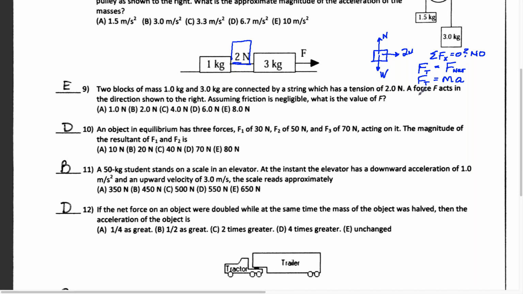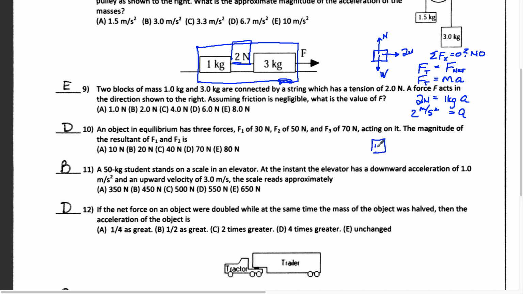I can calculate what the acceleration is. If this is 2 newtons and that's 1 kilogram, we can see that the acceleration is equal to 2 meters per second per second. So now I'm going to redefine the system. Instead of just looking at the 1 kilogram block, we're going to look at all 4 kilograms. Yes, there's a string connecting the 3 and the 1 kilogram block, but we don't care.